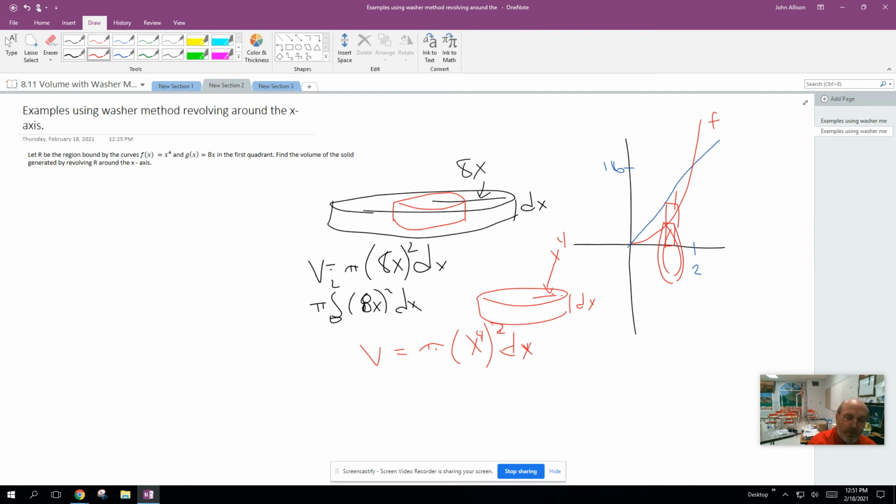So if I want the volume of all of them, I'm going to get pi times the integral from 0 to 2 of x to the 8th dx. Now that's the volume of the inside part I have to take out.